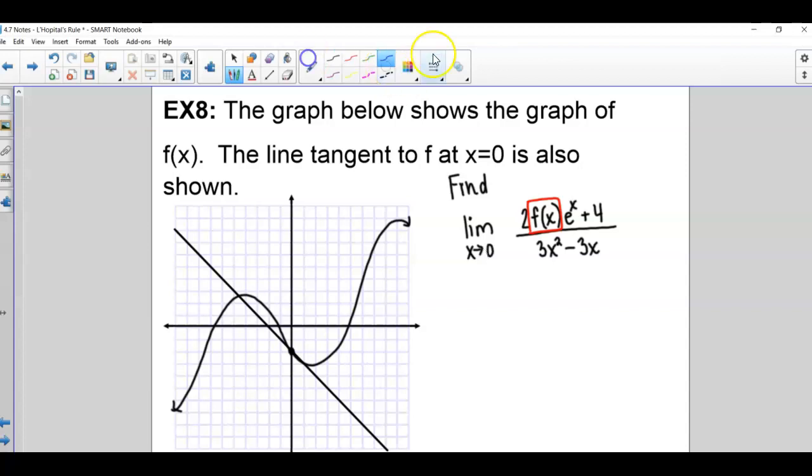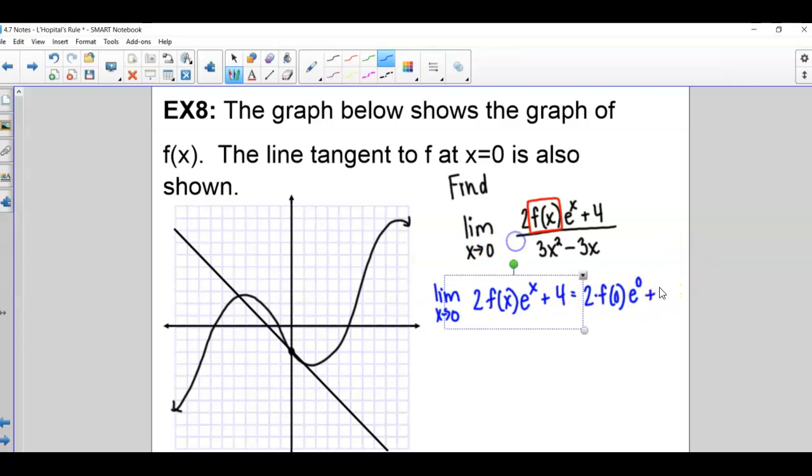to do this problem, we would first still have to show that the limit as x approaches 0 of 2f of x e to the x plus 4 equals 0. So, you'd have 2 times f of 0 e to the 0 plus 4. What is f of 0? It is right here. Y coordinate is negative 2.